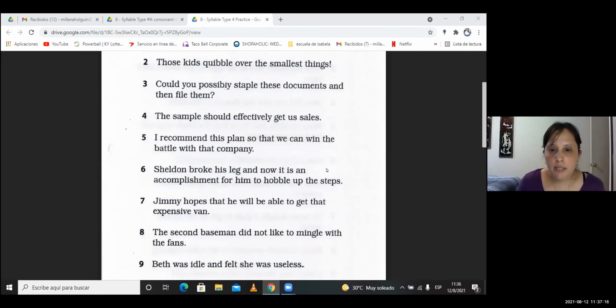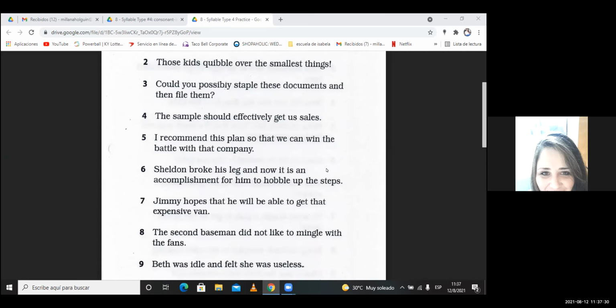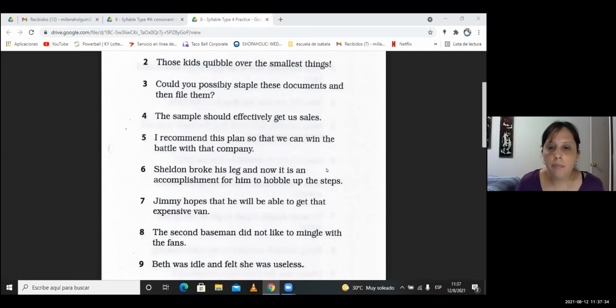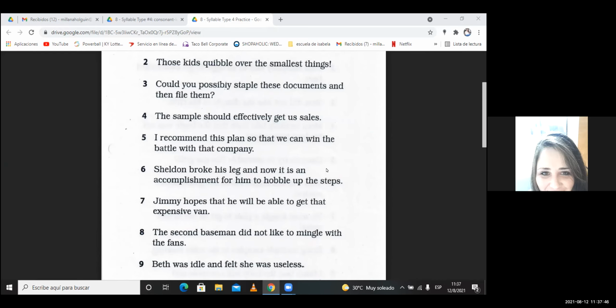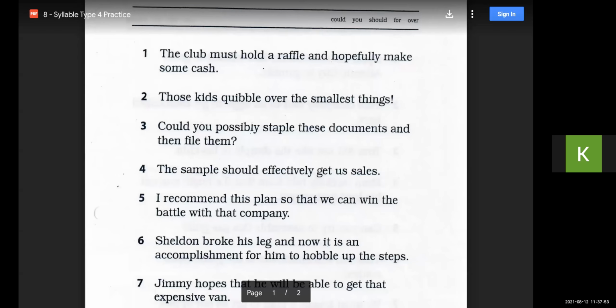Sheldon broke his leg and now it is an accomplishment for him to hobble up the steps. The word is hobble. I can break in between B and B. Hop is a closed syllable, short sound. BLE is an LE syllable. Okay. Up the steps.